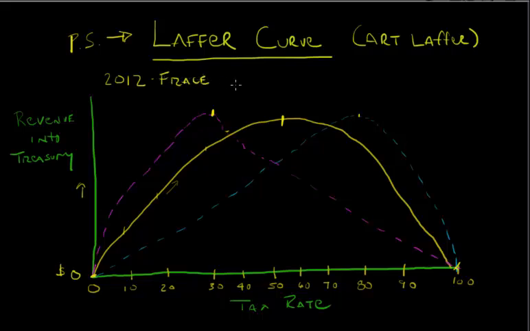And they elected a president named François Hollande. And one of the very first things he did was he instituted a 75% tax bracket, 75% tax rate on anybody earning income greater than 1 million euros.